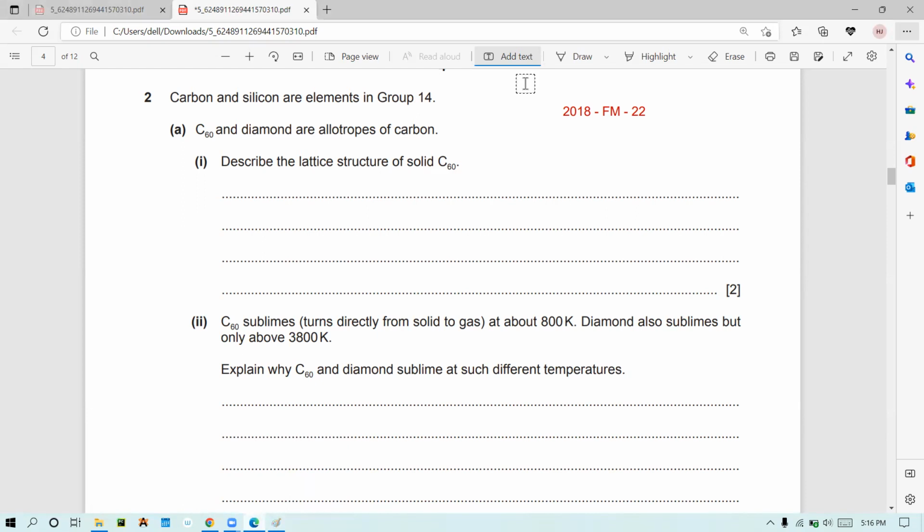2 marks are there. I can write first about the particles of C60.